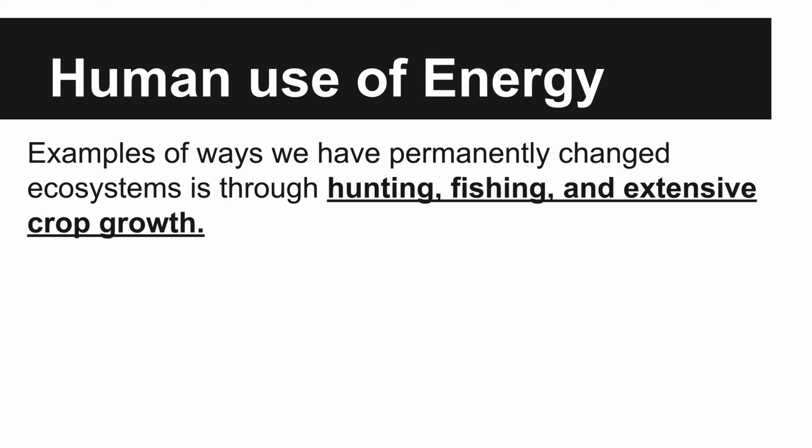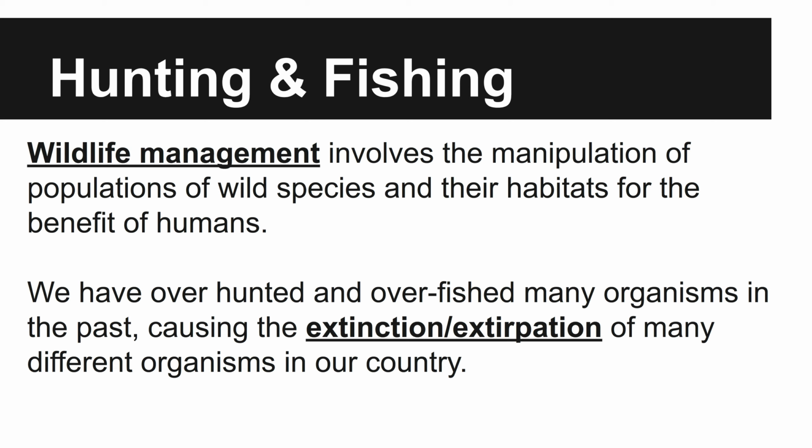When we clear a field of all its trees and grasses and natural things to plant our own crops, we're changing that ecosystem. Not that we don't need a lot of that stuff to live, but at the same time, we're changing a lot of what was there before.